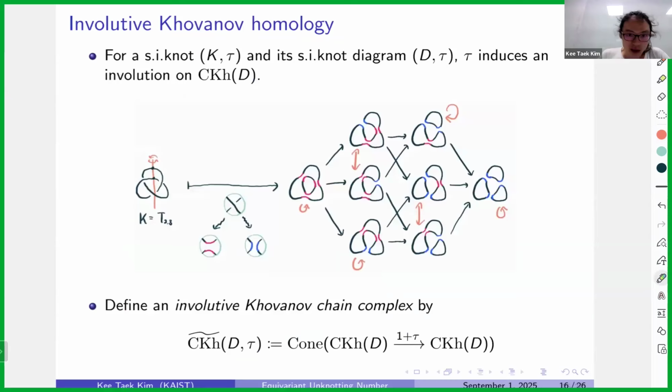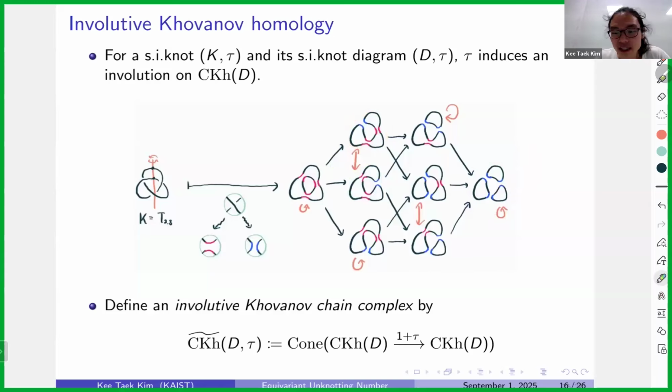Okay, then let's consider the equivariant sense of the Khovanov homology. For a given strongly invertible knot and its strongly invertible diagram, the involution tau on S3 induces an involution on the chain complex. For example, if we draw a trefoil like this, then the involution gives an involution on the chain complex: this is sent to this part, and this goes to itself.